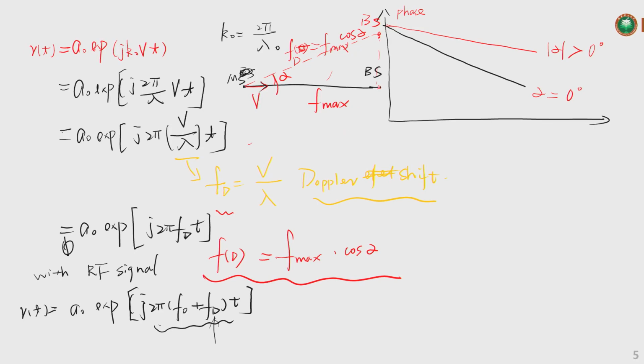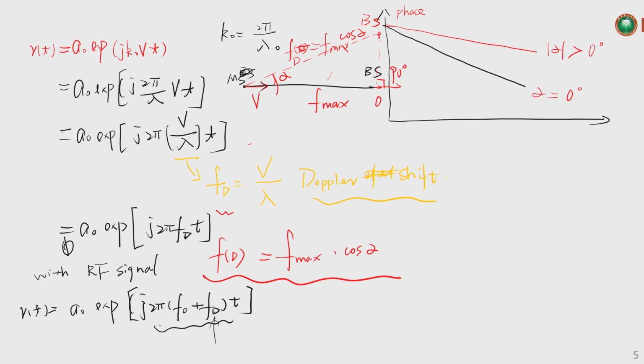And when, for example, our mobile user moves in this direction, there is a 90 degree angle, right? So how is the Doppler shift going to be? They are parallel. The Doppler shift is going to be 0, right?